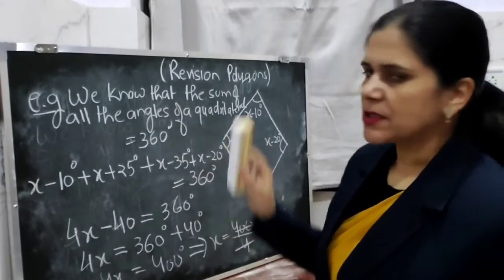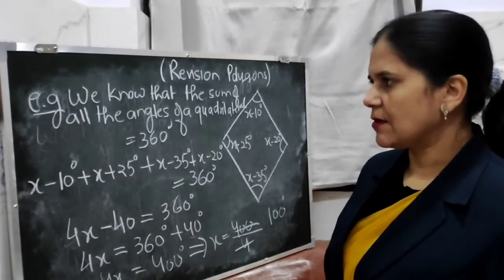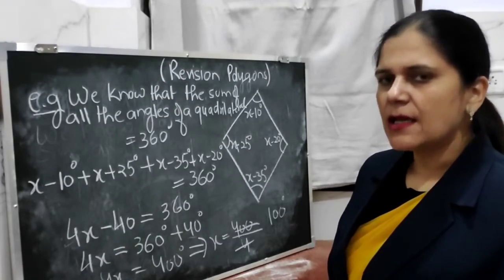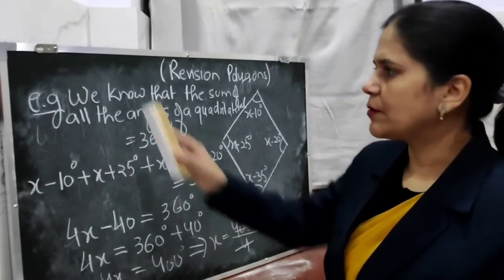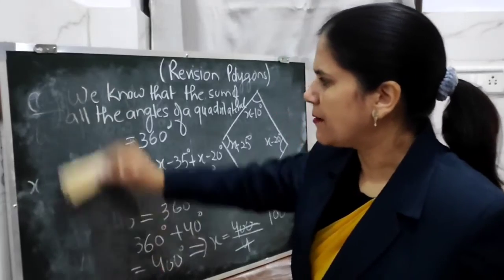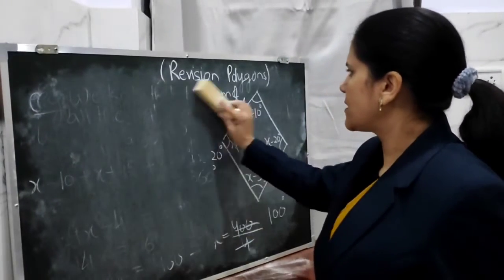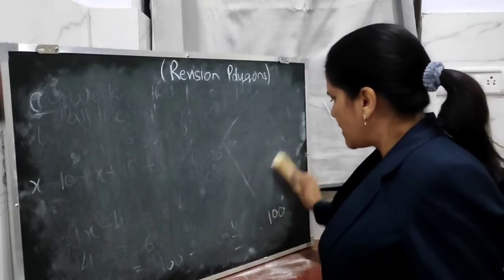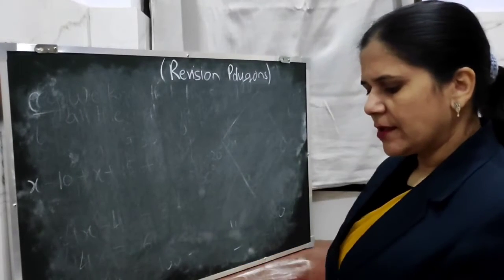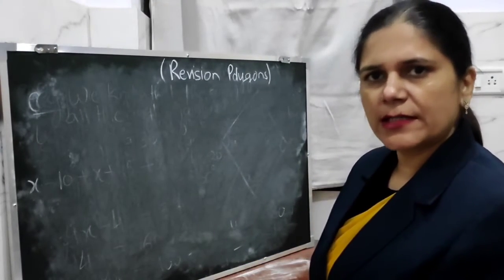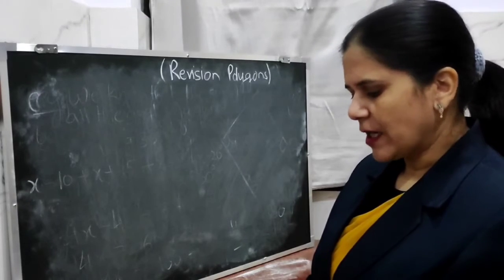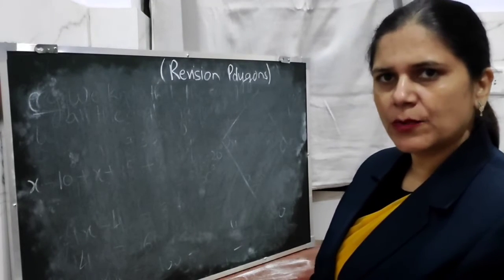Now one more type of question is given in the exercise. Let us revise that particular question also by taking an example. What does the next question say? In the next question, they have given that three angles of the quadrilateral are equal and the fourth angle is given as 120 degree.